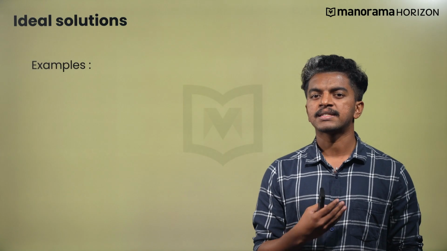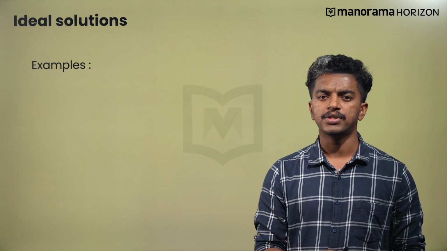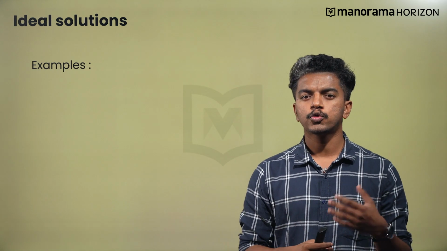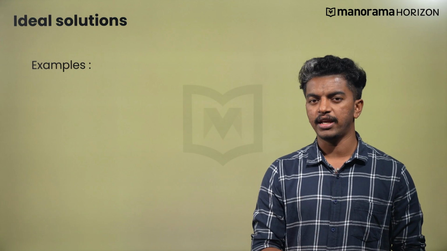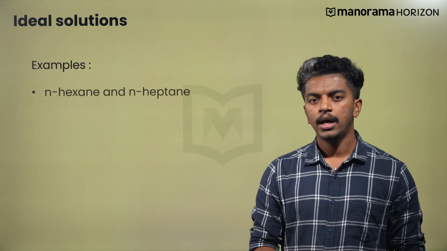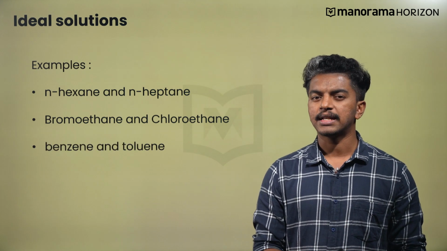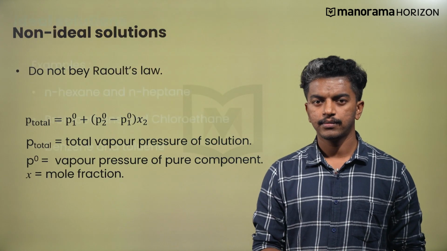Next, we will see examples of ideal solutions. In reality, a perfect ideal solution is rare. However, there are solutions with nearly ideal behavior. Solutions of n-hexane and n-heptane, bromoethane and chloroethane, benzene and toluene, etc. behave nearly ideally.